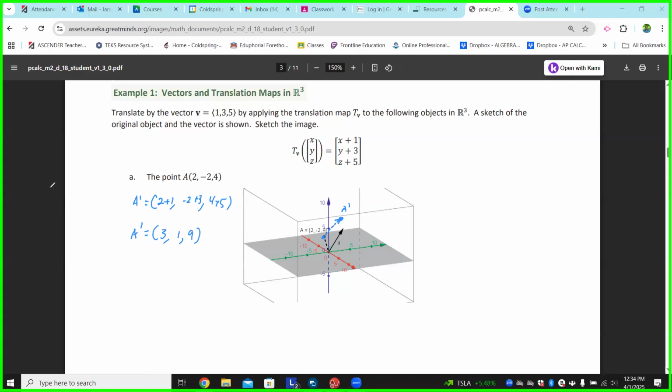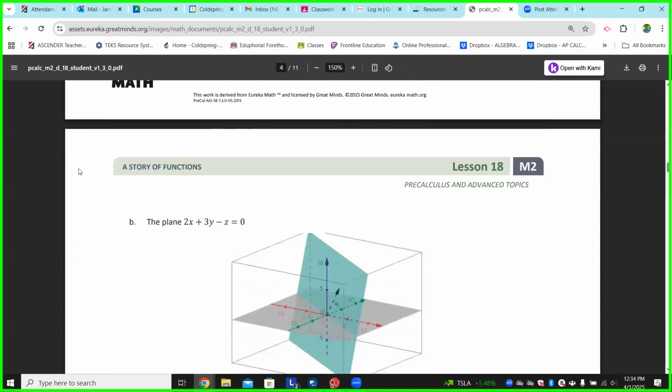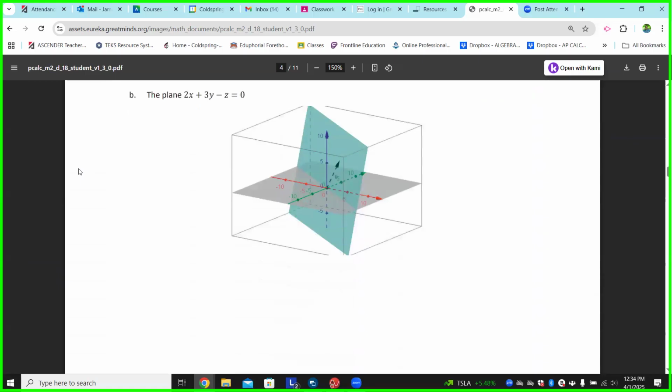All right, let's look at one a little bit more complicated than that. So that was a point in space, in three-dimensional space. Let's move a plane, a two-dimensional object in three-dimensional space, by this vector. So you're given the plane 2x plus 3y minus z.